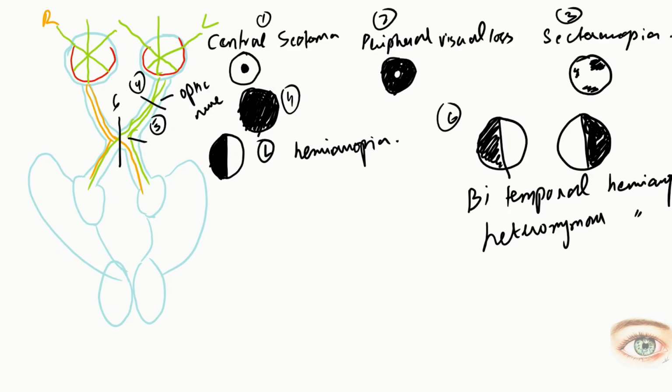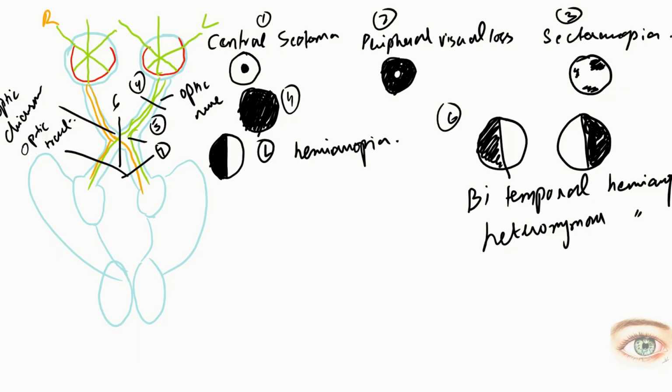Now, if the lesion occurs over right here, what is this space called? This is called the optic tract. This one was the optic chiasm. This right over here is the optic tract, right? Now, the optic tract of the left eye is carrying the visual field of the right side.